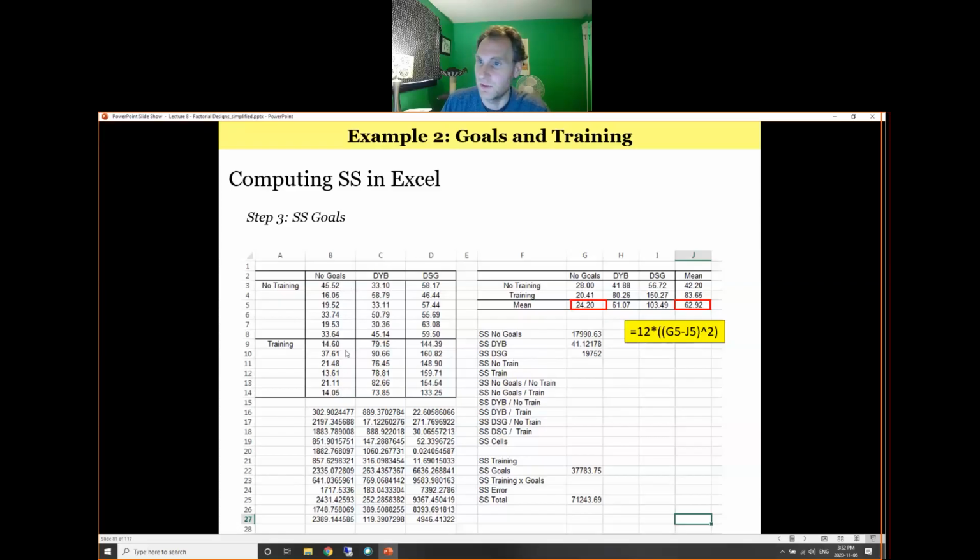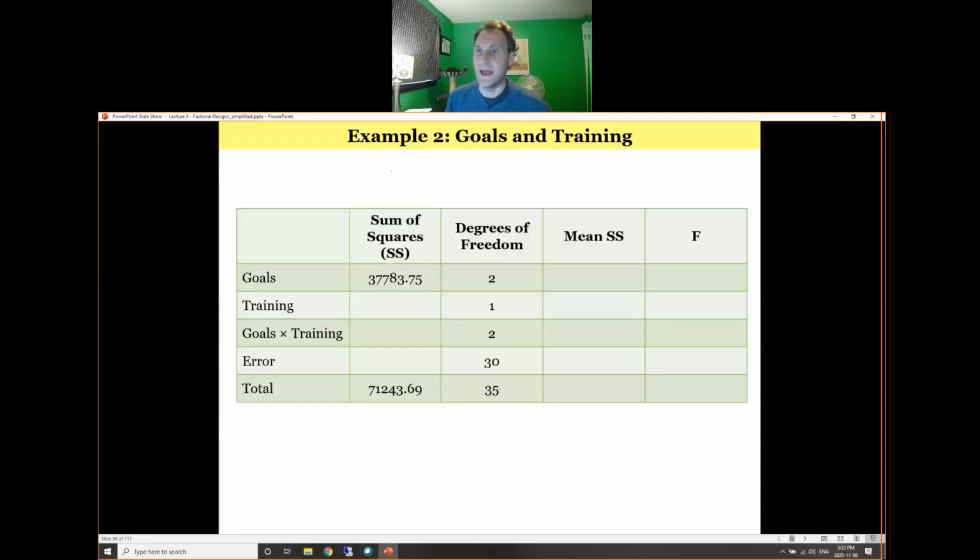Shown here, there's 12 people. I can do the same thing for the do your best goal condition and the same thing for the difficult specific goal condition. Then I simply take the sum of them, and that is my sums of squares for the goal condition. I come and pop it into my source table.